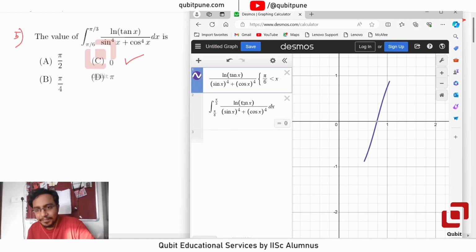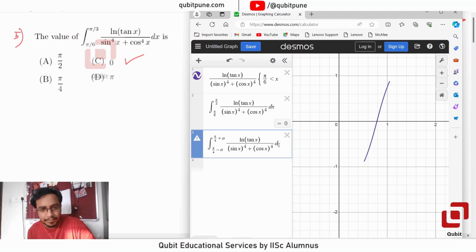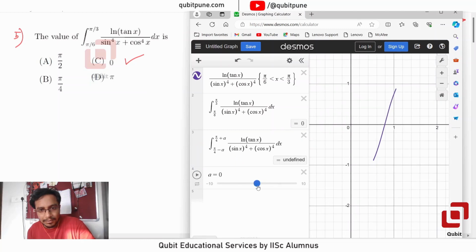In fact, if you take anything of this sort, pi by 4 plus a, pi by 4 minus a, it would still be 0.